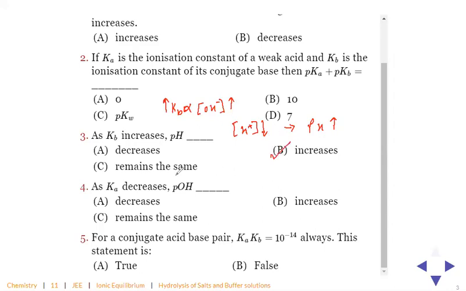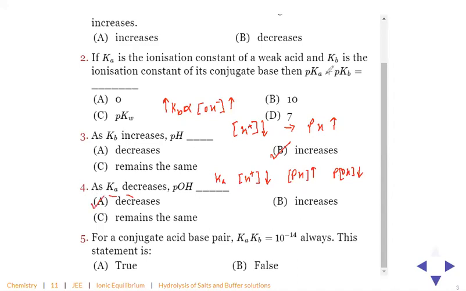Now this is same as this one. If Ka decreases, which means concentration of H plus decreases, which means pH increases, right? So pOH should also decrease.